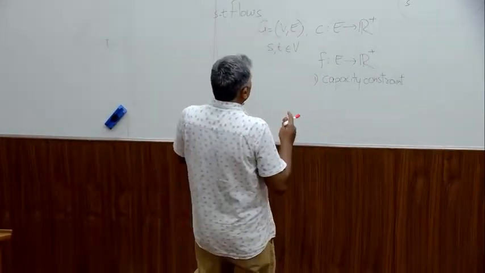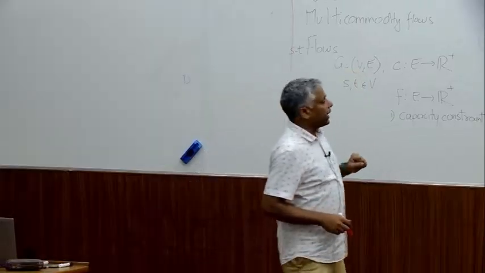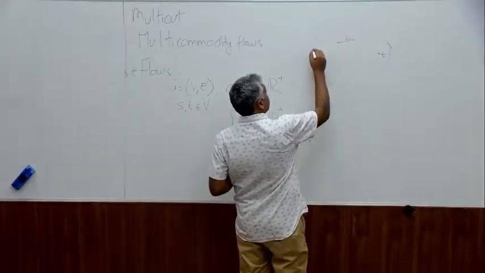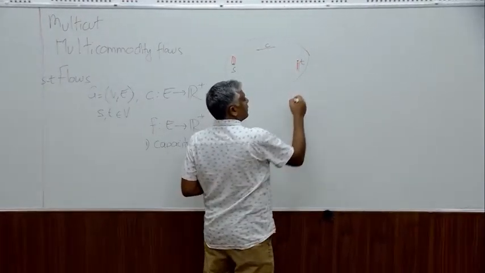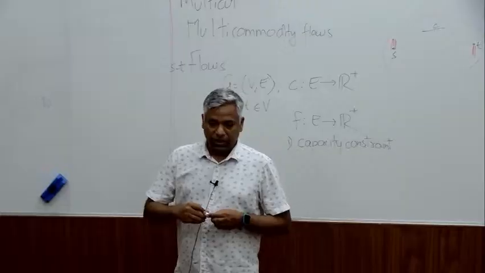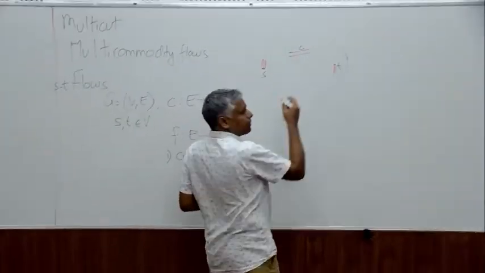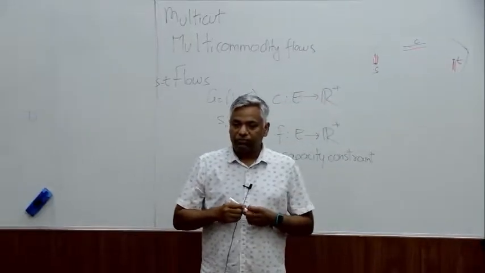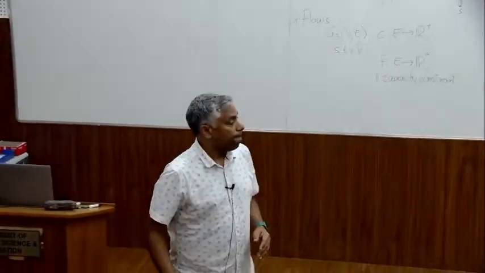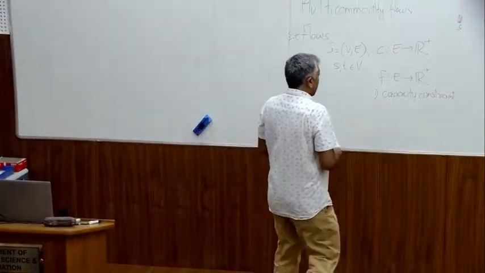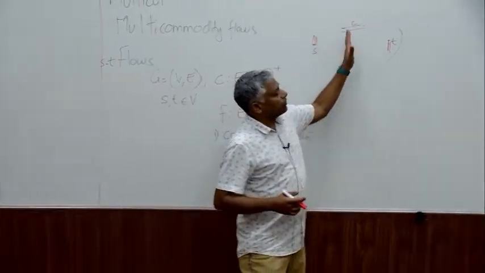So intuitively think of this as a network of pipes. And there is an open tap here, which is sending in a large amount of water, and there is a sink from where water can go out. And think of these capacities as the diameter of the pipes. So if an edge has large capacity, that means it's a very fat pipe. And what you want to determine is how much flow you can send from here to here.